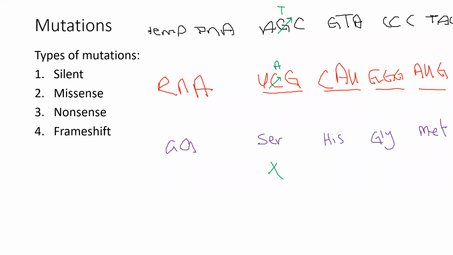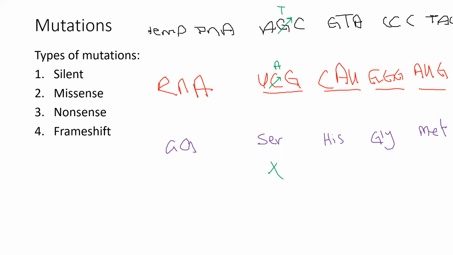That's what a nonsense mutation is. I remember this one by saying a nonsense is not tolerated. You get a premature stop codon, which means premature termination of translation. Translation stops too soon, so it doesn't make the entire protein. In this example, it's not making any protein.